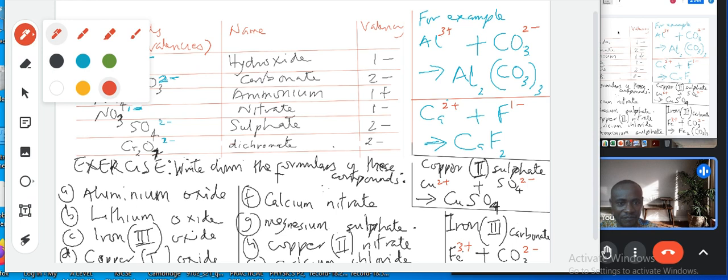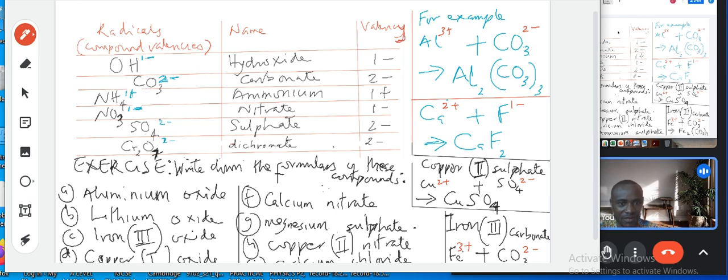Alright, so a very quick one, because we're going to have a series of lessons today. Really, it's a long haul. For example, aluminium combining with carbonate. What's the valence of aluminium? 3 plus. And carbonate is? 2 minus. So they swap valences.